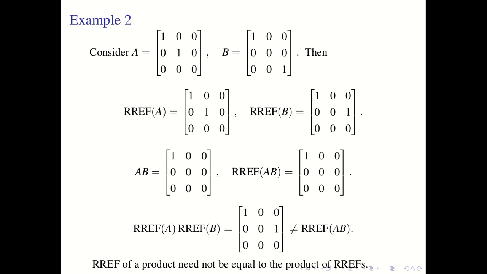Therefore, AB will be 1 0 0, 0 0 0, 0 0 0, and that is in row reduced echelon form. But if you multiply the matrices RREF of A and RREF of B, you get another matrix that is in row reduced echelon form, but it is not equal to the row reduced echelon form of AB.